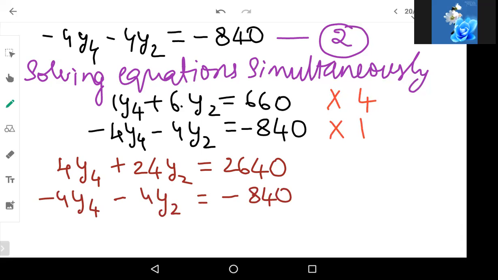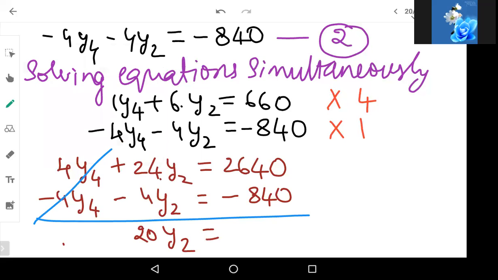Now, if you see such questions where there is already a plus and minus, you need not change the sign. So here you can directly cancel y4, because one is plus y4 and the other is minus y4. Now, what is the answer that you get? Plus 24 minus 4 will be 20y2 is equal to this.